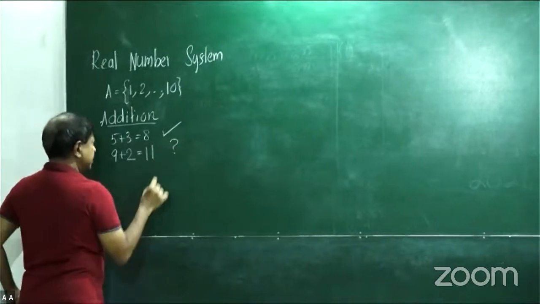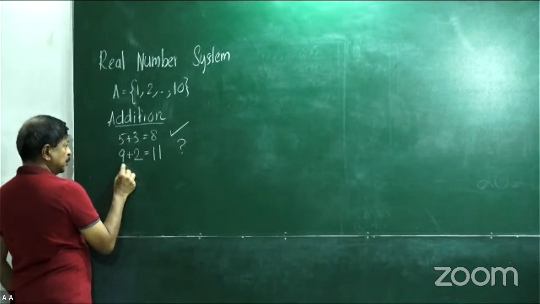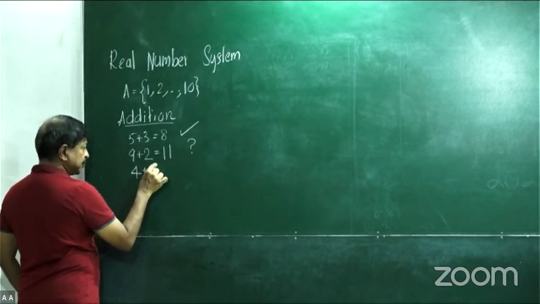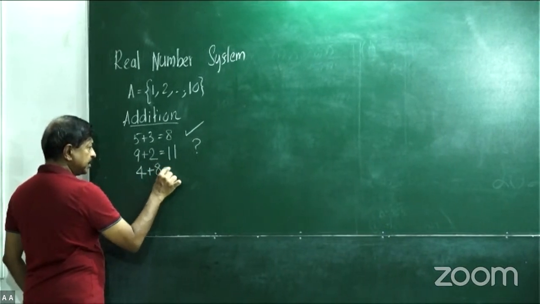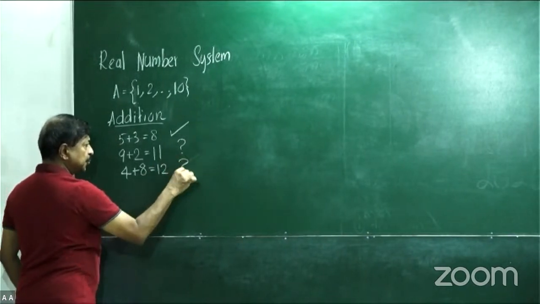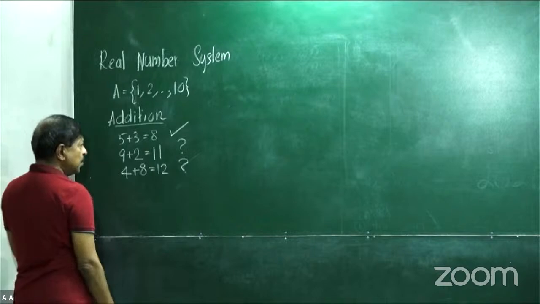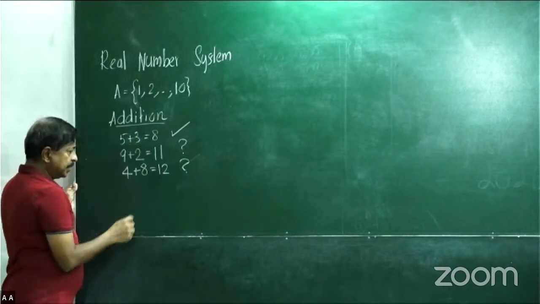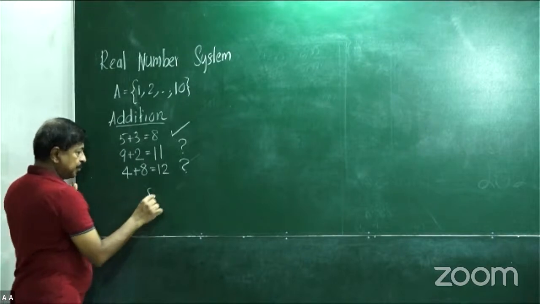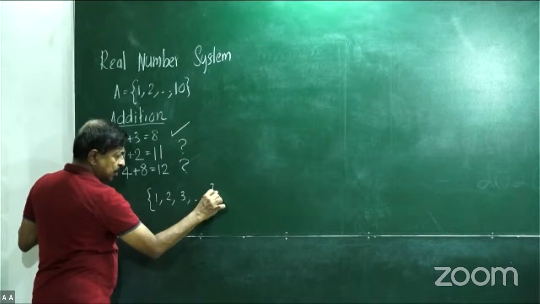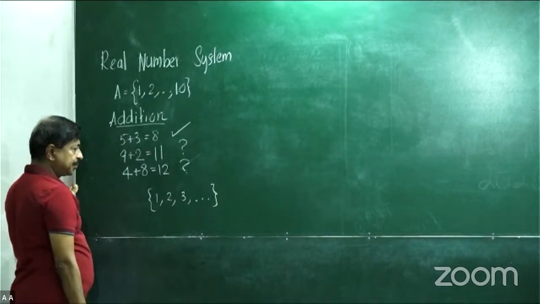Or if you choose two numbers from this set and add them, you get 12. It's also new. So by doing so, this was extended to this set: 1, 2, 3, all the way up to infinity.